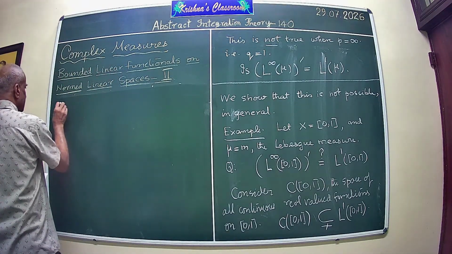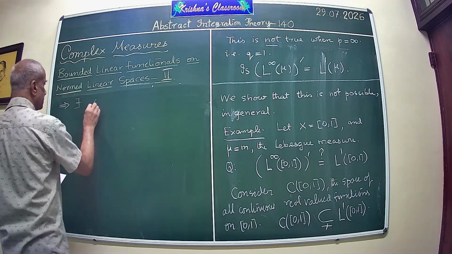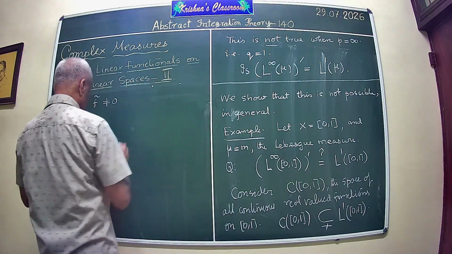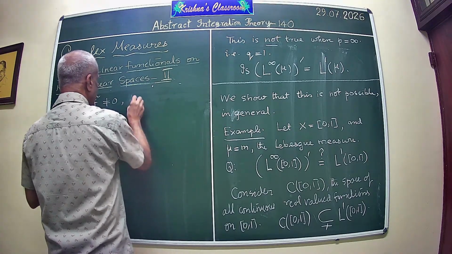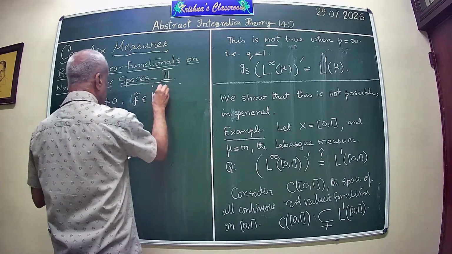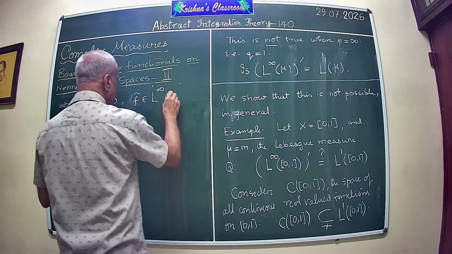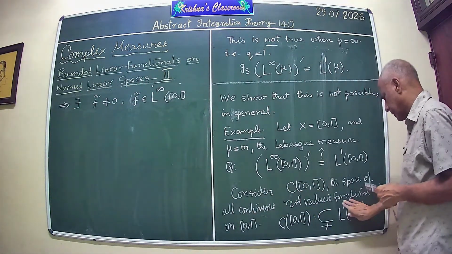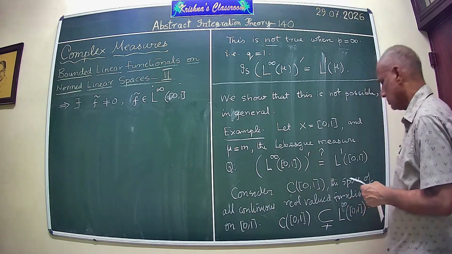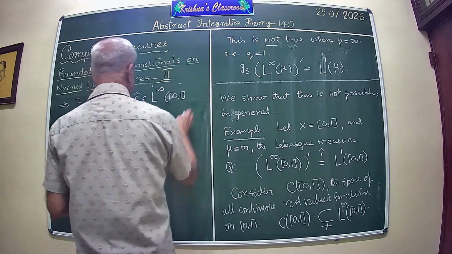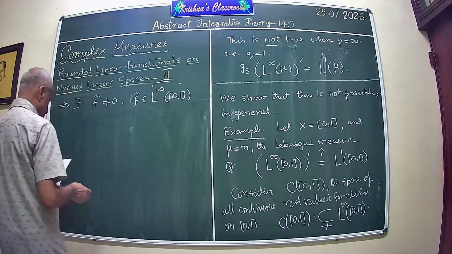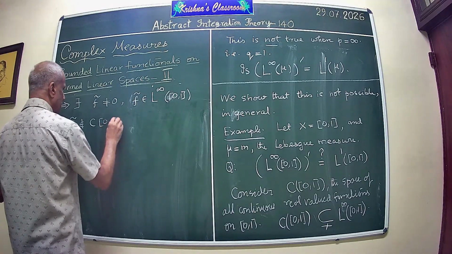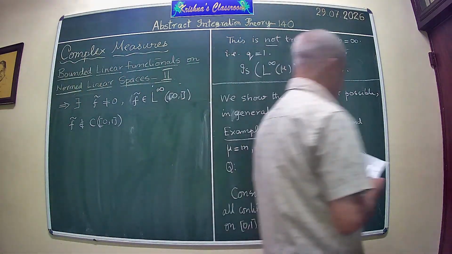Therefore, there is some f tilde not equal to 0 in L infinity 0, 1, and f tilde does not belong to C[0,1]. It's not a continuous function. That is clear.